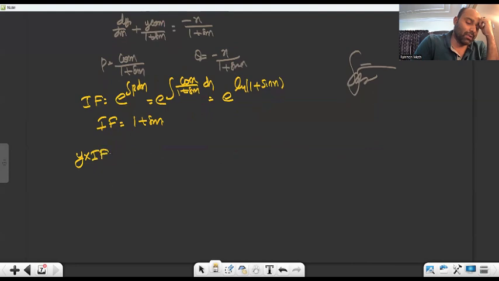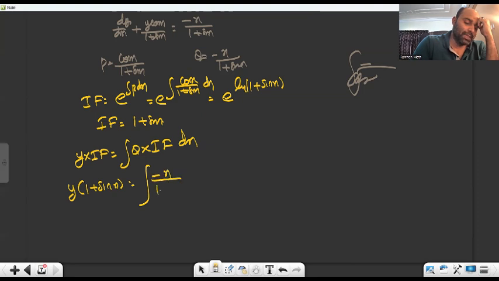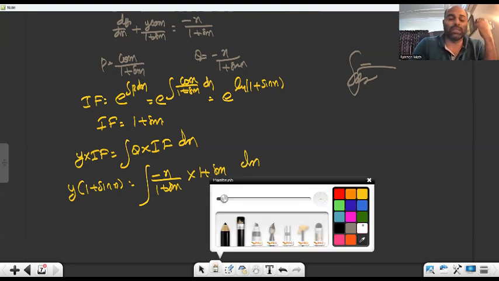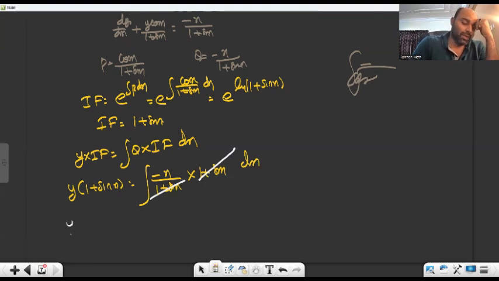Y into (1 plus sin x) equals the integral of minus x by (1 plus sin x) into (1 plus sin x). Only the initial step is the problem. After that it is easy, it cancels. Now integration. What is the integral of x? Minus x square by 2 plus c.